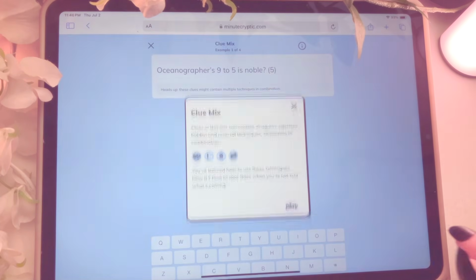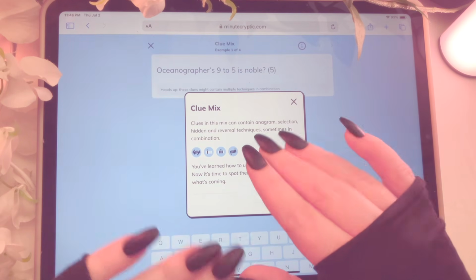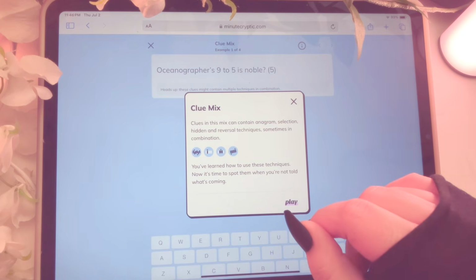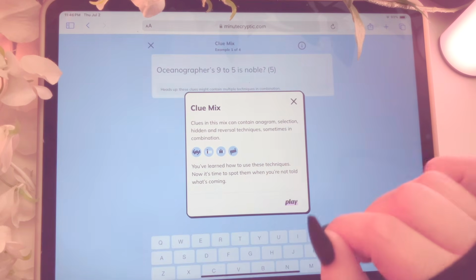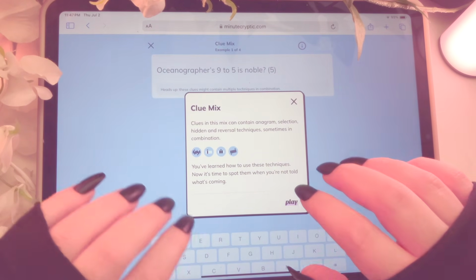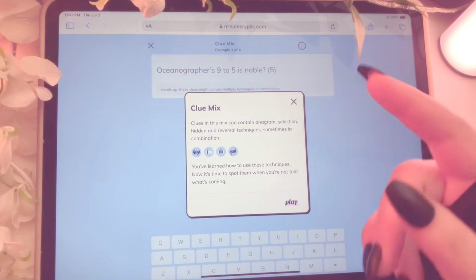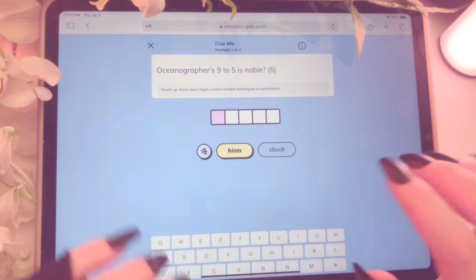So, let's go into the clue mix. Clues in this mix can contain anagram, selection, hidden, and reversal techniques, sometimes in combination. You've learned how to use these techniques. Now it's time to spot them when you're not told what's coming. Let's get into it.